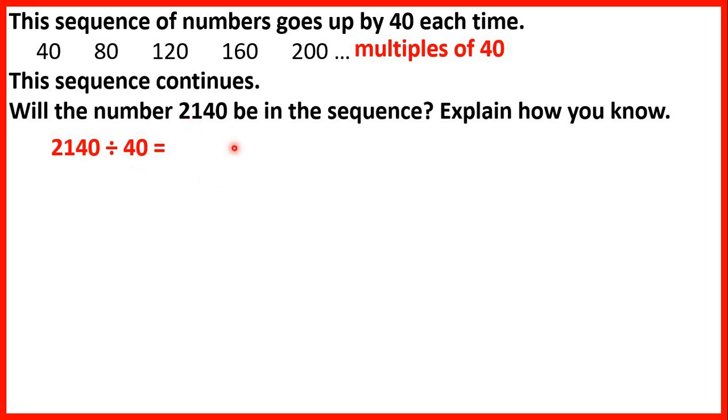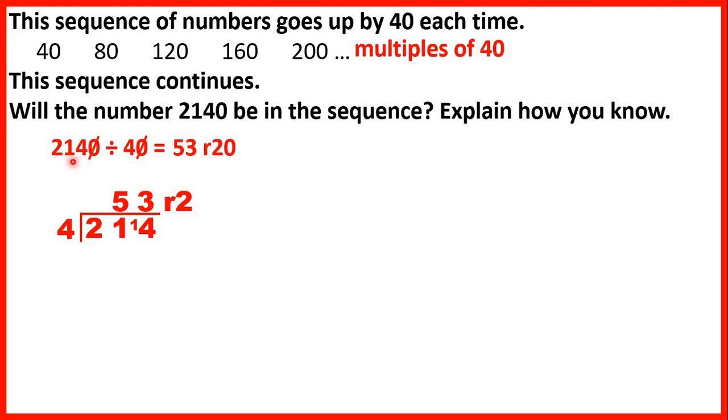So if we get a remainder, then it's not a multiple. We have a division with end zeros, so if we cancel those, we can work out 214 divided by 4, and that gives us a remainder.